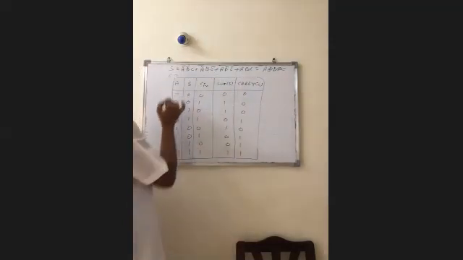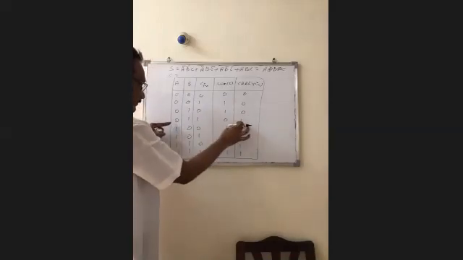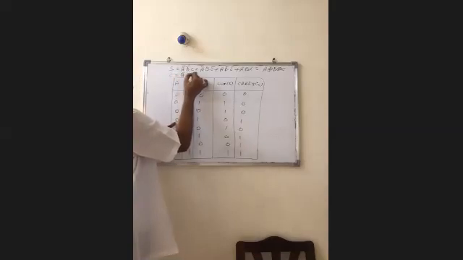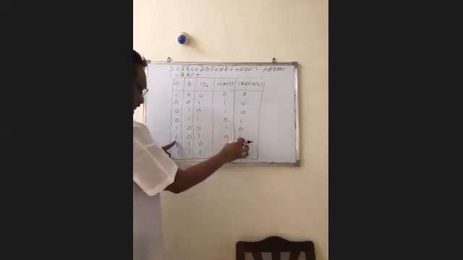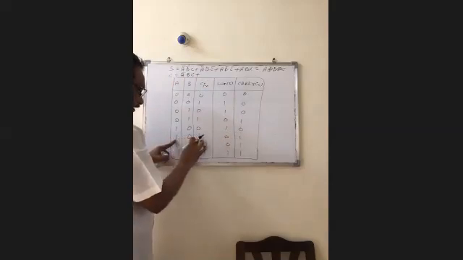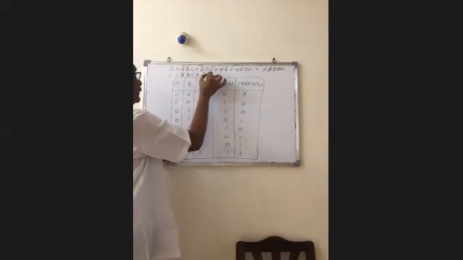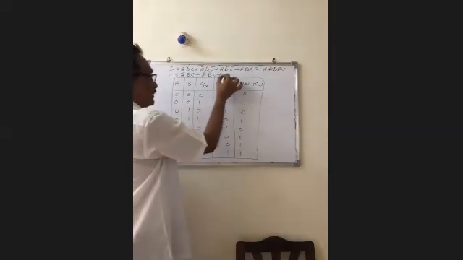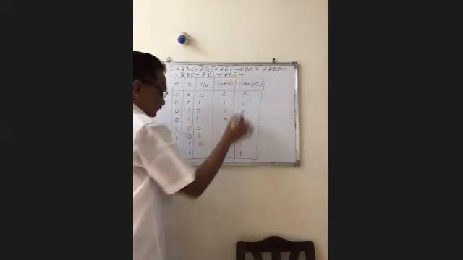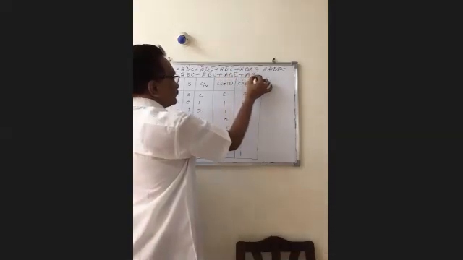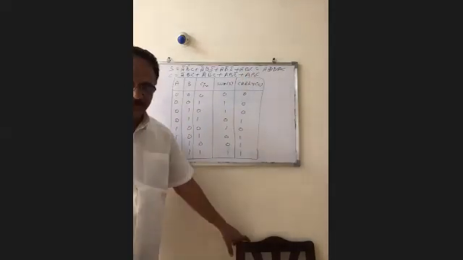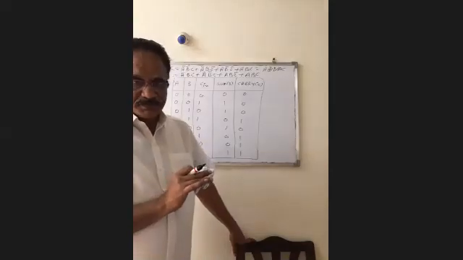Next, carry output C can be written as A bar B C plus A B bar C plus A B C bar plus A B C. So these are the output expressions of a full adder.